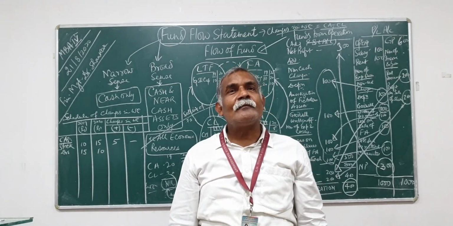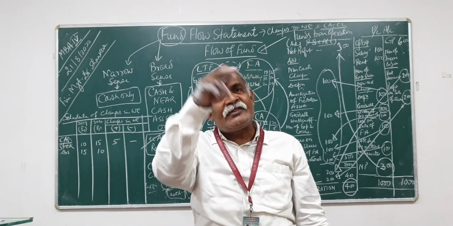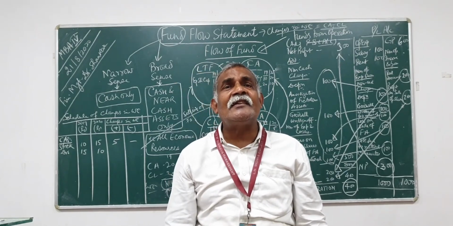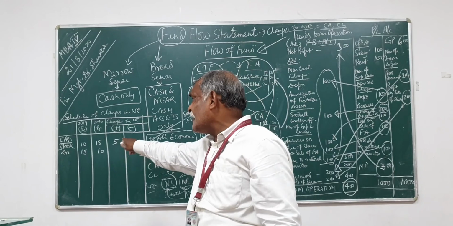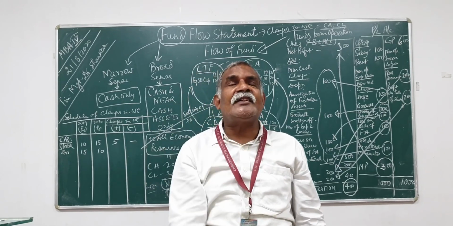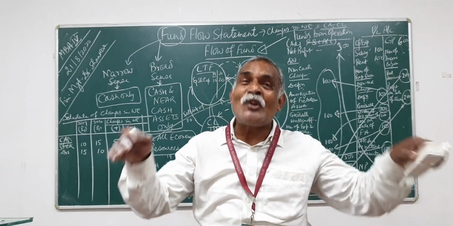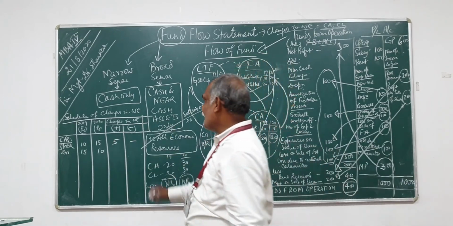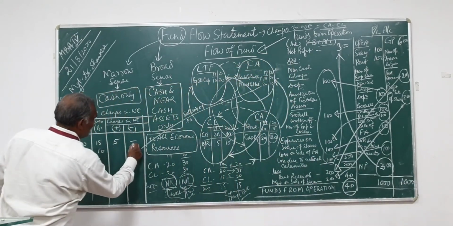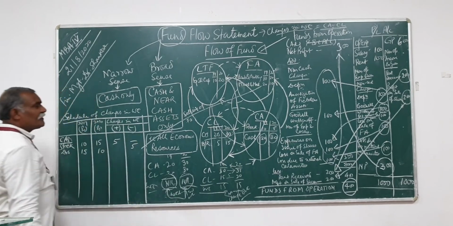Decrease or increase? Because debtors is decreasing, it means current assets is decreasing. And if the current assets will decrease, then working capital also decreases. So here we'll put 5 rupees, that is decreasing working capital.